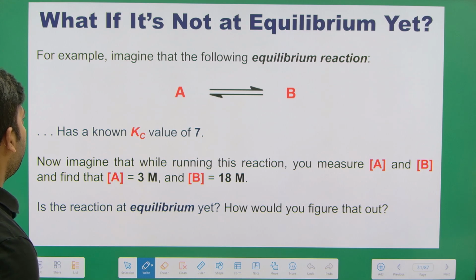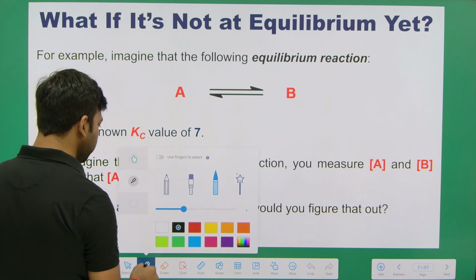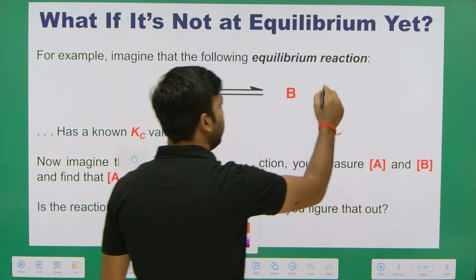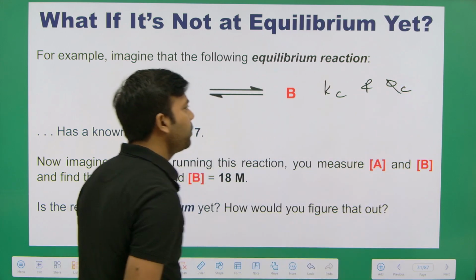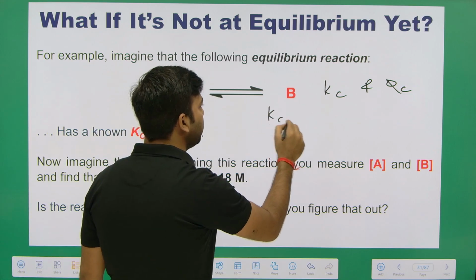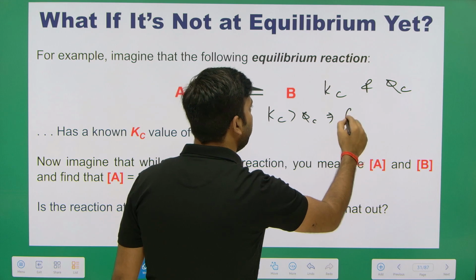Now imagine that while running this reaction you measure A and B, and A is 3 molar and B is 18 molar. Is the reaction at equilibrium, and how do you figure it out? Listen, this question is based on another concept called Qc. This is called Kc and Qc. Clear? So here we have some points. Whenever Kc is greater than Qc, it means the reaction will move forward.